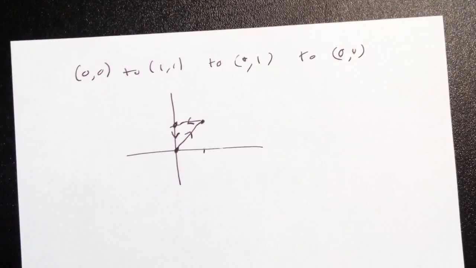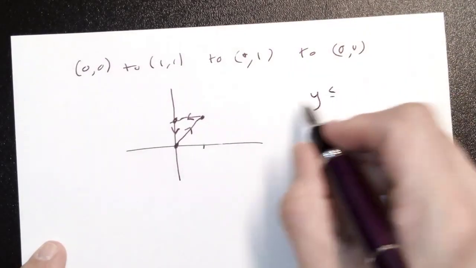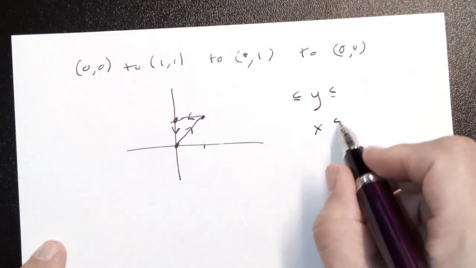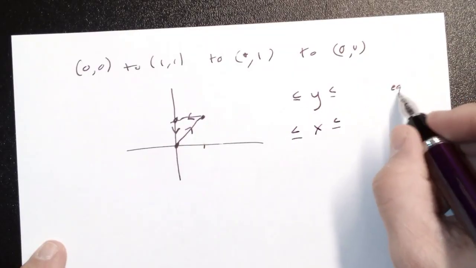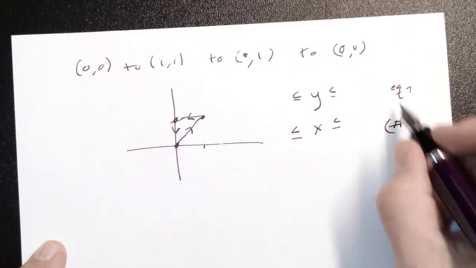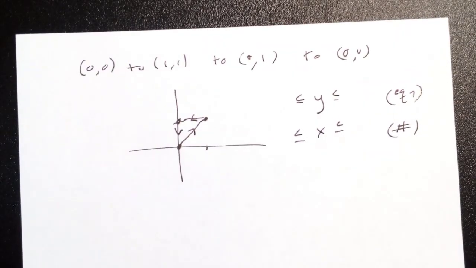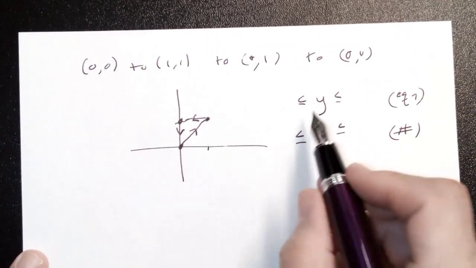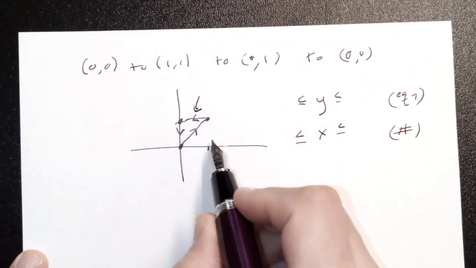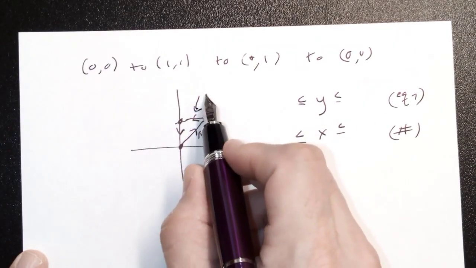Do you want to do this as a type 1 or a type 2? It's clearly not polar. Okay, if I'm going to do it dy dx, then I need y to be bounded by equations. I need x to be bounded by numbers. So, question for you. Y is bounded by equations. That means I need a top and a bottom. What's this equation?